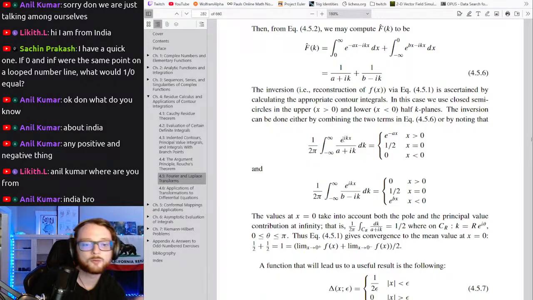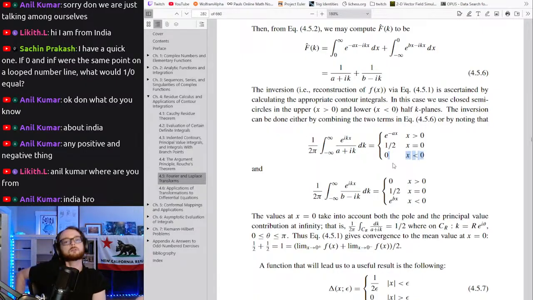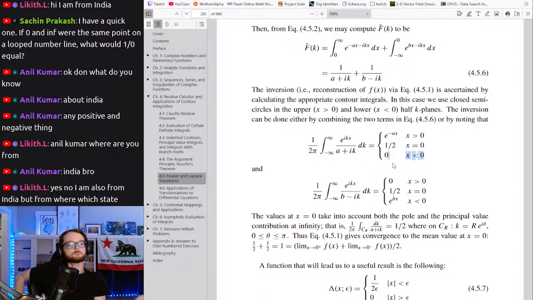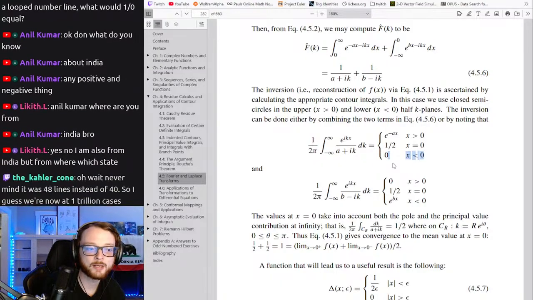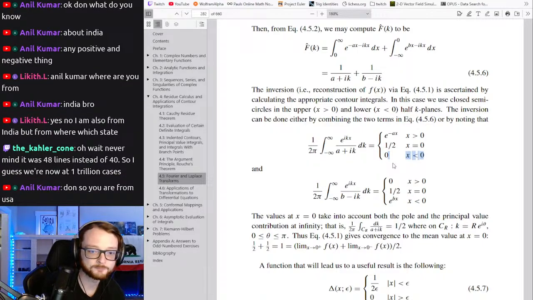Why is this integral equal to 0 for negative x? Because it's not enclosing any poles. Okay.